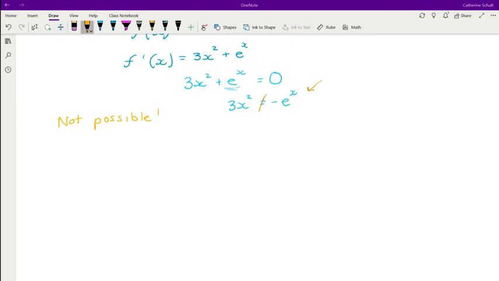So it's a contradiction. We call it a proof by contradiction. So b cannot be a root.